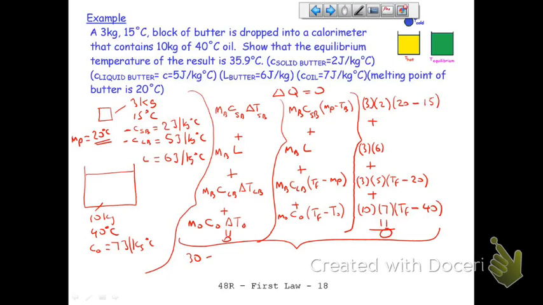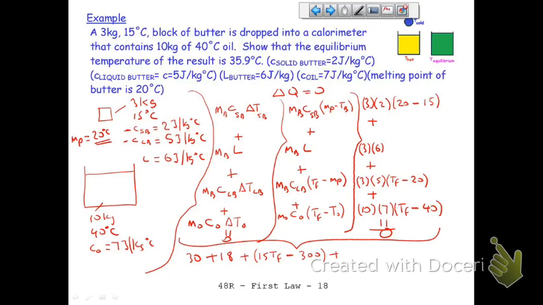There's that. Plus 18. Plus 15TF minus 300. 15 times 20 is 300.